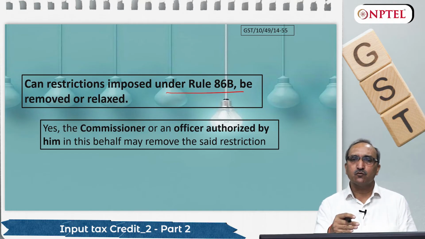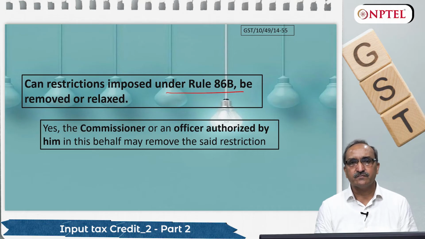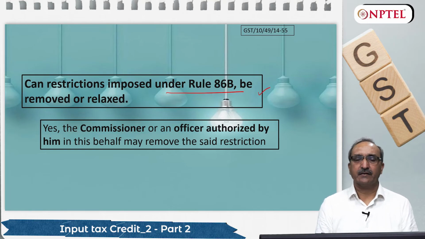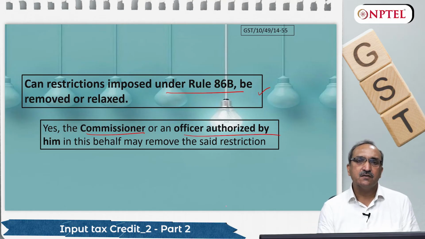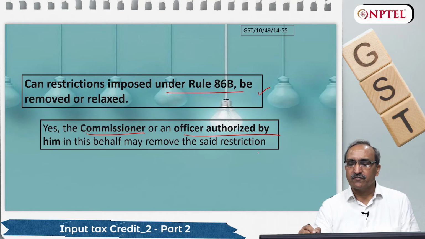If the government has imposed some restriction through some rules, notifications or circulars, and such restrictions are having a major or reverse impact on business or the revenue, then the commissioner or the authorized officer has the power to give some relaxation.